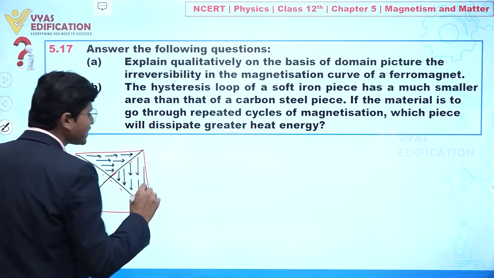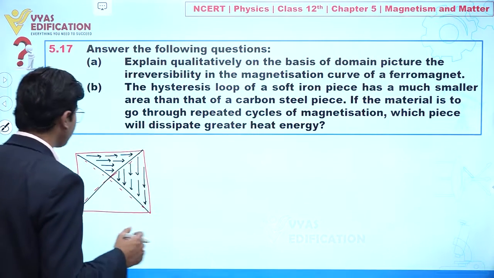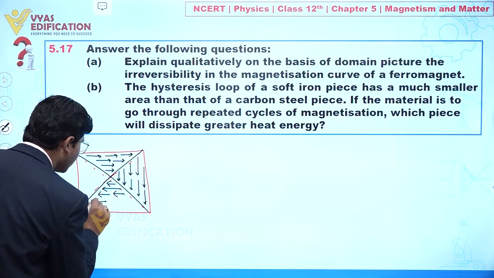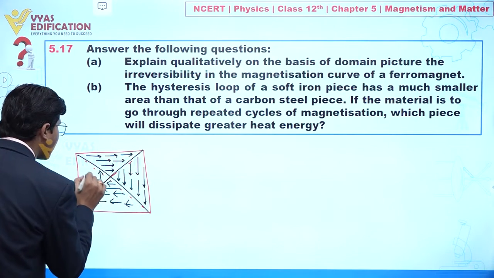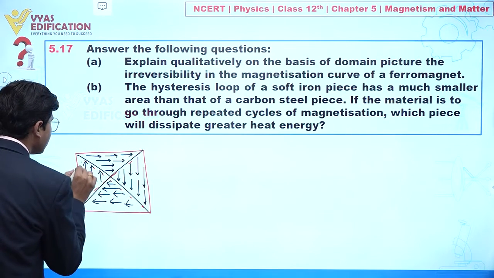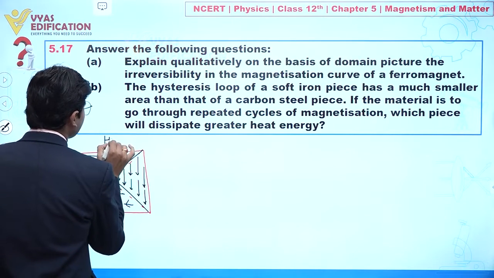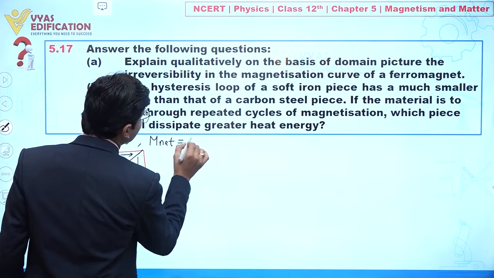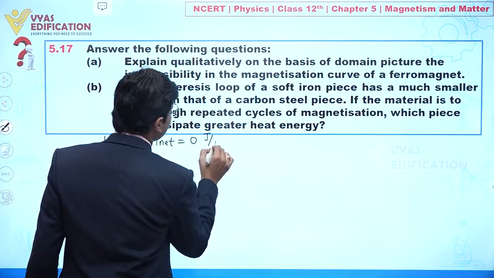In each domain we have a large number of atomic dipoles, and they are randomly oriented like this. This is the situation we find when there is no magnetizing field. So we are not applying a magnetizing field, and the net magnetic moment is 0 Joule per Tesla.